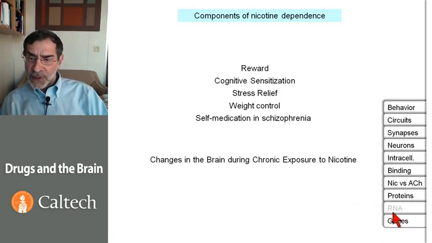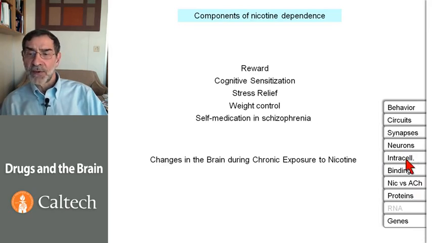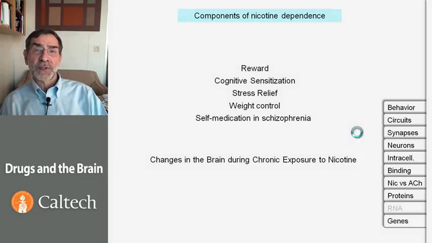In order to address these questions, we have to go all the way from genes, through gene expression, RNA, through proteins, through the differences between the exogenous drugs, the ones that come from outside, versus the endogenous, the natural neurotransmitters, how the drugs bind to their receptors, the intracellular events that occur after drugs bind repeatedly for days or weeks, effects on neurons, effects on the junction between neurons, synapses, effects on circuits of neurons, and finally effects on behavior. So this is a complex topic. We'll try to touch upon all of these topics during the course.